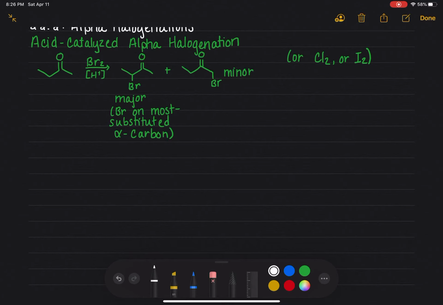We're going to use the same ketone again. Actually, I'm turning it around. And because this is an acid catalyzed reaction, the very first thing that's going to happen is protonation of the oxygen with the acid.